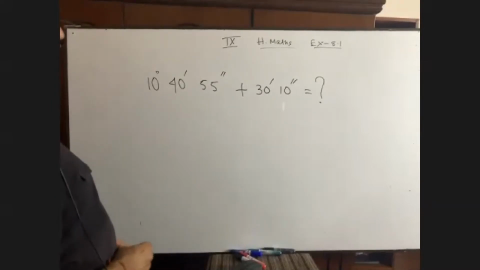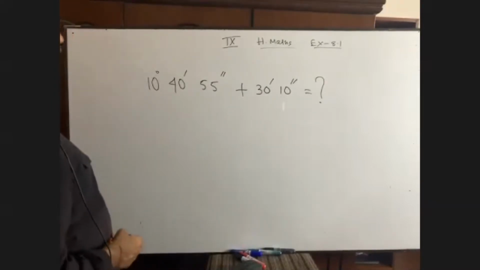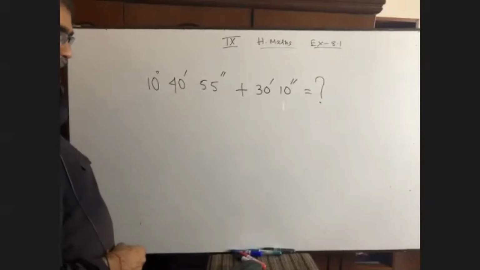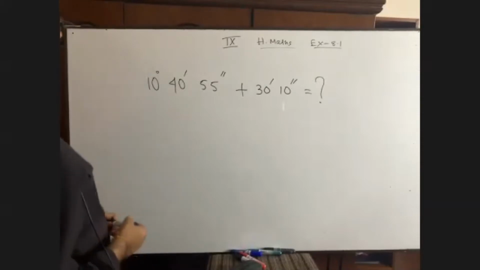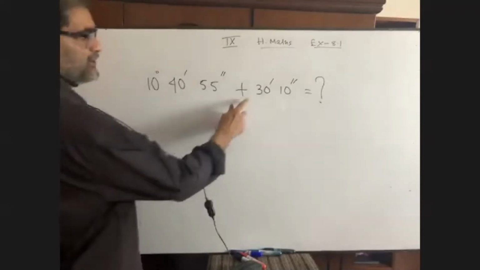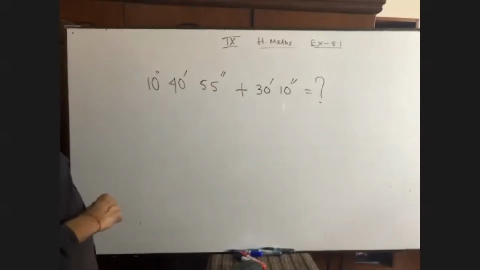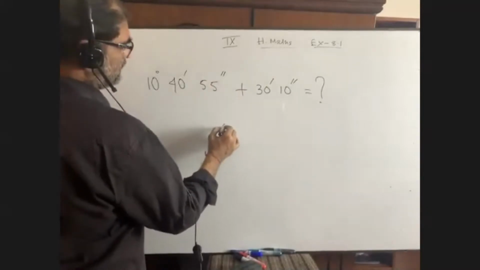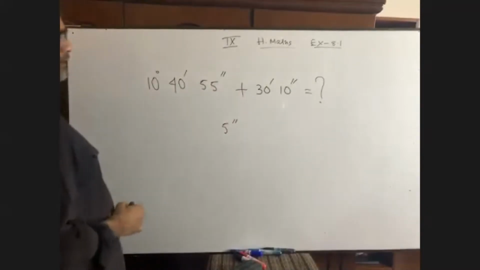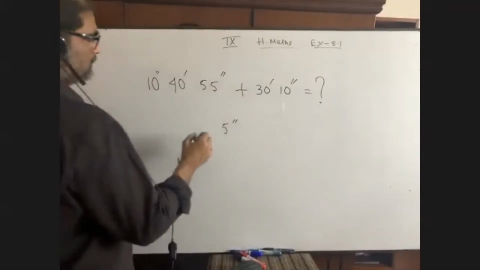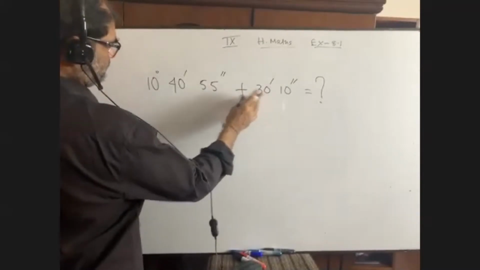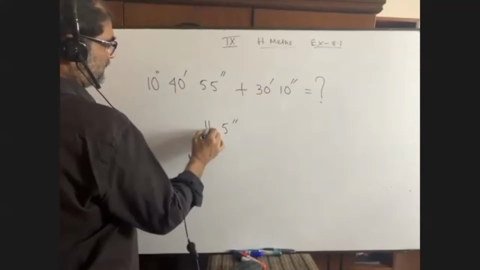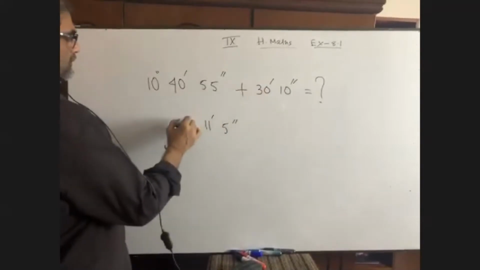Okay, it's okay, good. Now you see, when you operate this function, it will be considered as 0 degree. You will get your answer: 5 seconds, 11 minute, 11 degree.